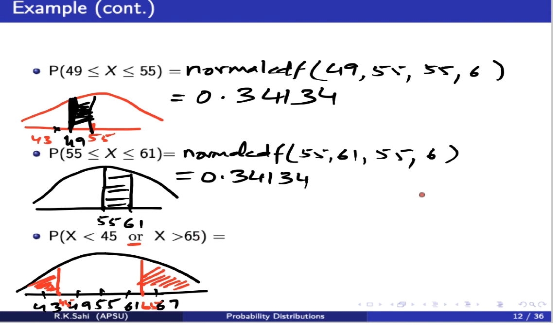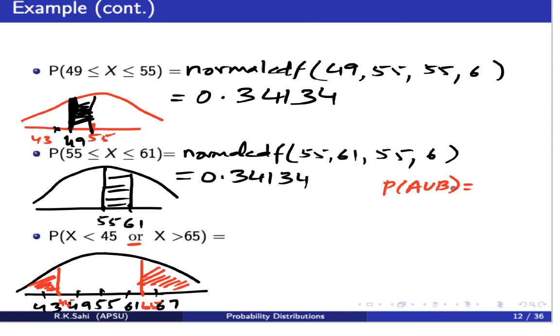Now remember from our addition rule, A union B. I just talked in the beginning of the session that if your events are disjoint, these are two events, x strictly less than 45 and x strictly greater than 65. They're two disjoint events.